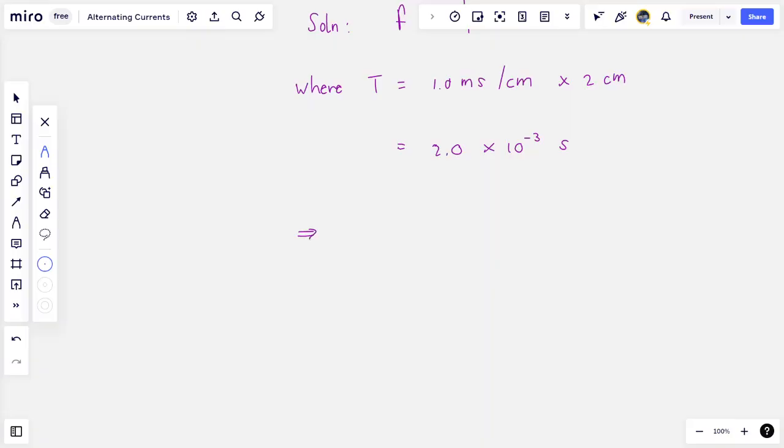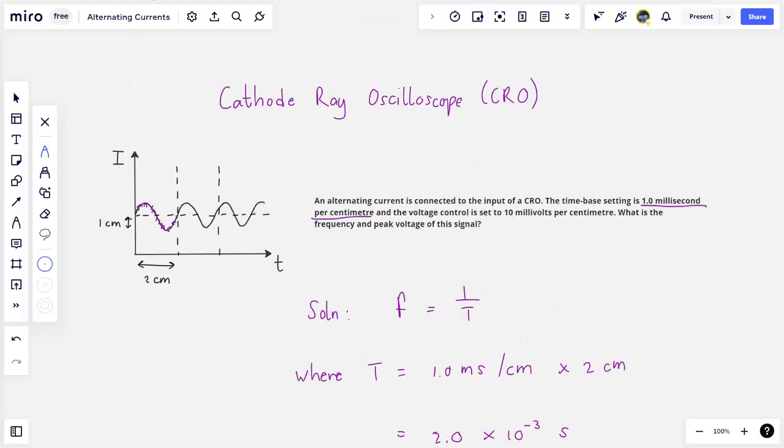That means I can now go and find my frequency. My frequency is 1 divided by 2 times 10 to the minus 3, and this gives me a frequency of 500 hertz. 500 per second. And so that's the frequency of this AC signal. Not too bad, now was it?